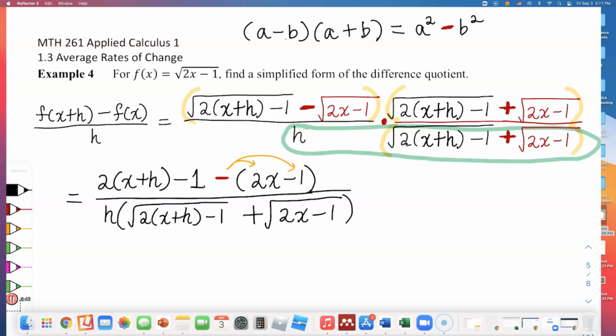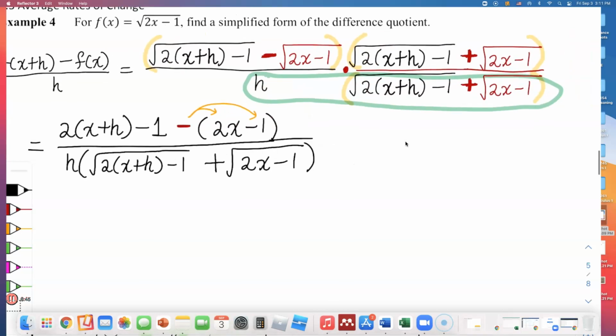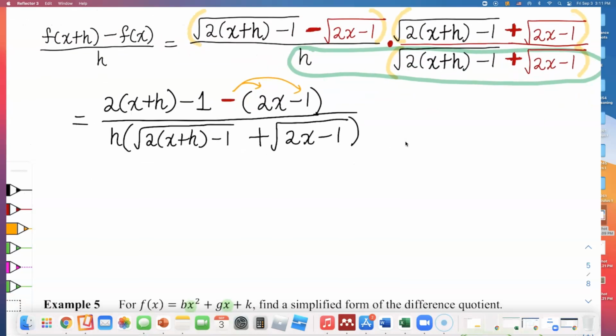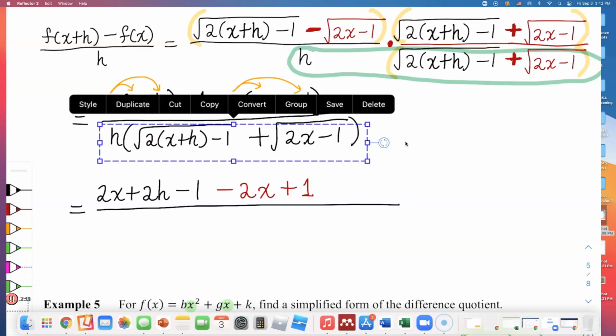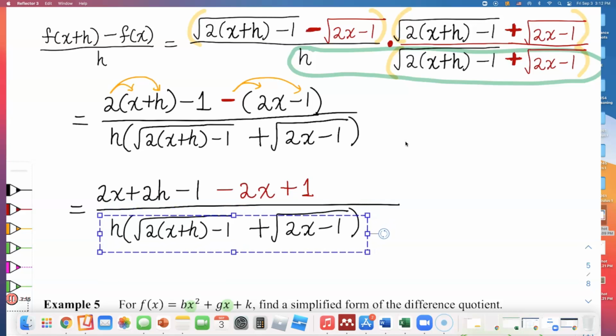All right, I'm going to get the numerator all simplified first. If I distribute the 2, I will get 2x plus 2h minus 1. And by distributing that negative sign, I'll get minus 2x plus 1. And that is all over that nasty looking denominator. I'll just copy it down.